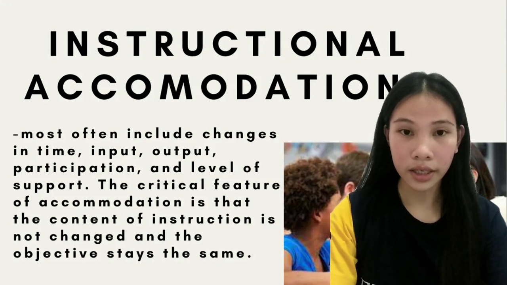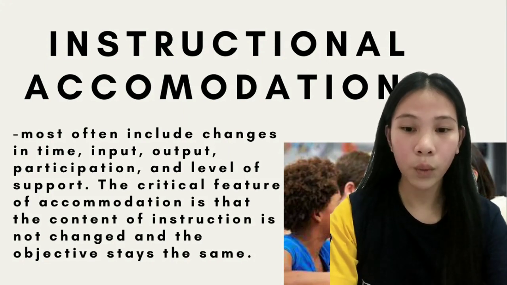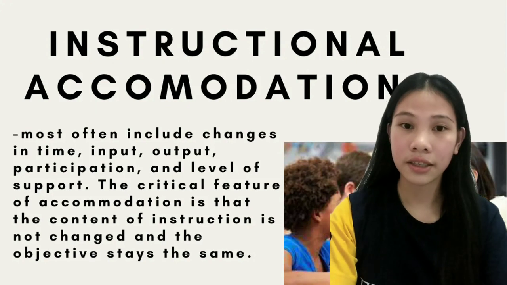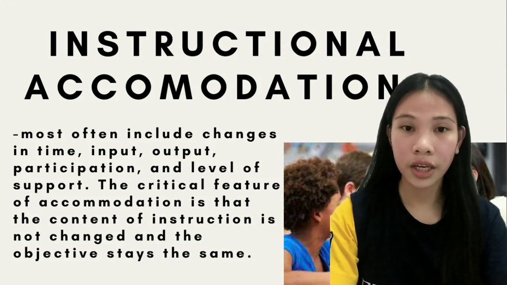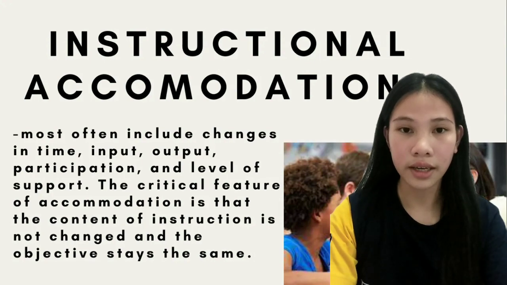To address this barrier, her teacher uses a handout, digital or hard copy, in class, which provides key information that is already highlighted. Let us all remember that an instructional accommodation is a change in how students learn but does not change what they learn.